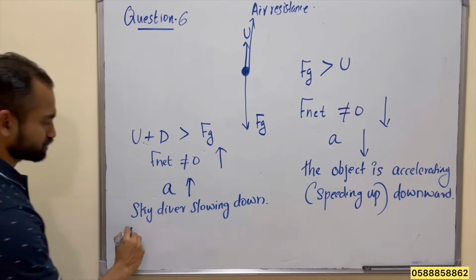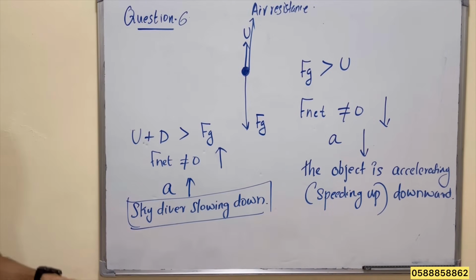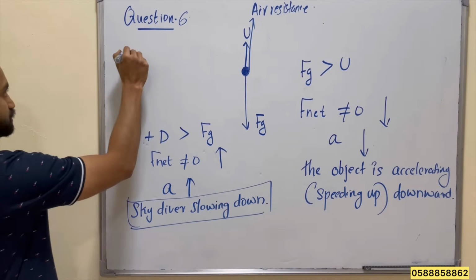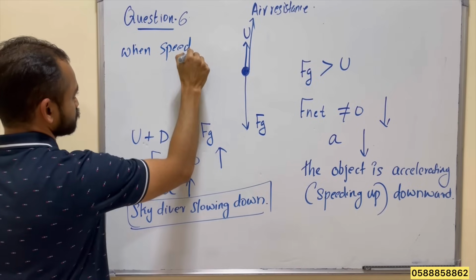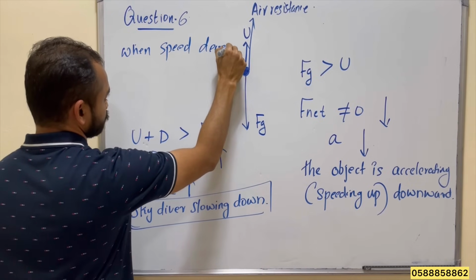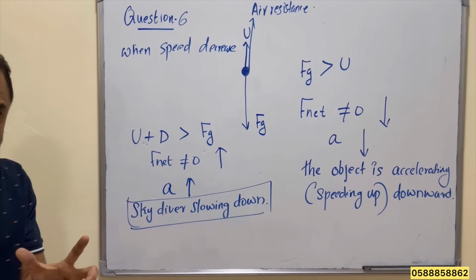What happens when he slows down? Slowing down means his speed is decreasing, right? When speed decreases, what happens? When speed decreases, the air resistance will decrease.